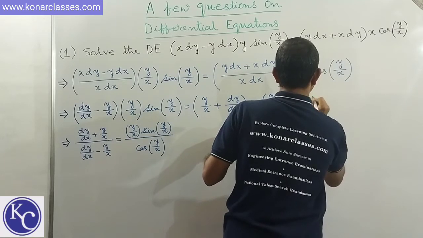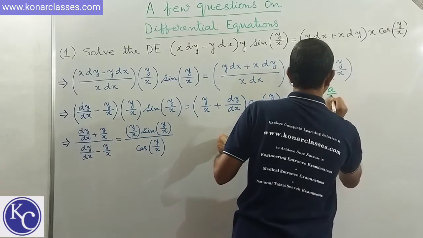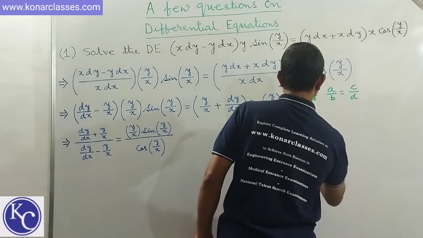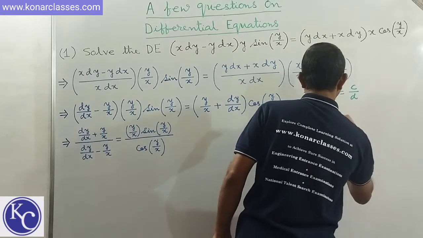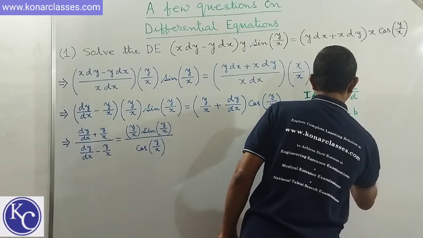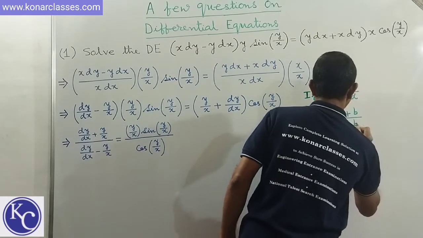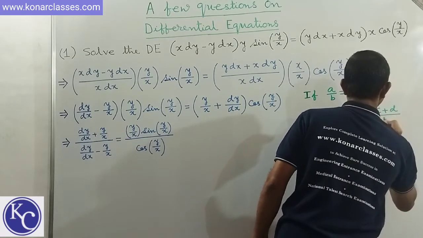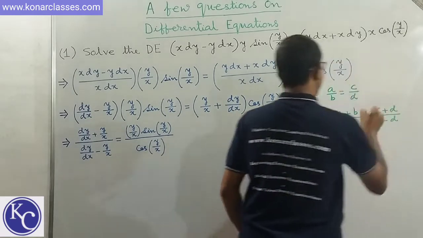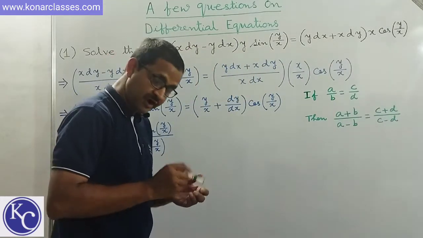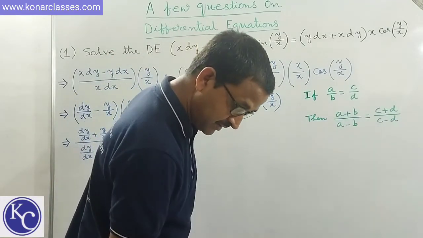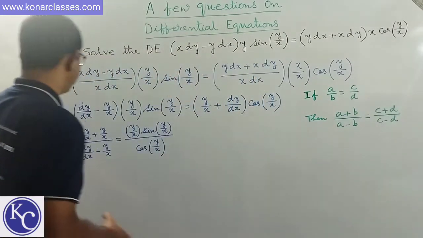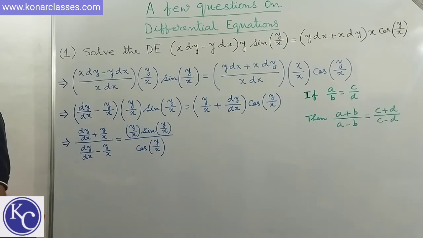If a by b is equal to c by d, then you can conclude that (a plus b) divided by (a minus b) is equal to (c plus d) divided by (c minus d). This is known as the componendo dividendo method, and you have learned it in your elementary mathematics during class 7 or 8 standard, correct? Now we are going to apply that.